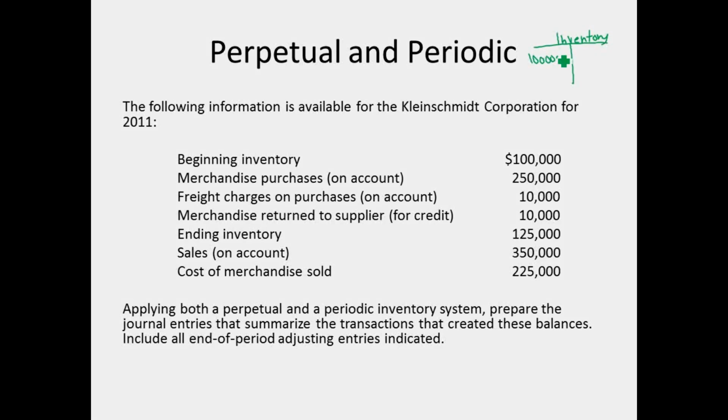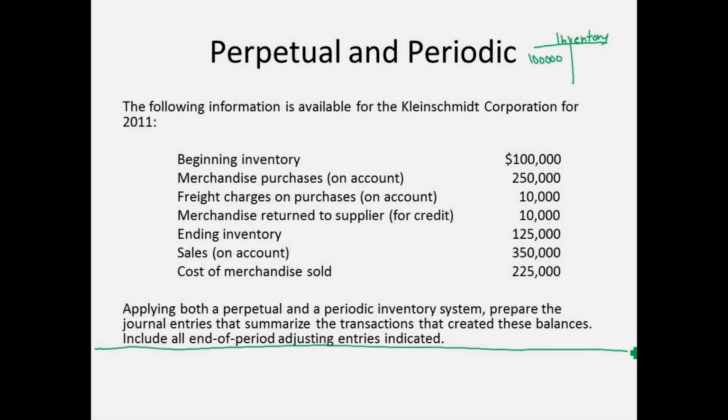What do the journal entries look like to get me from the beginning of the year to the end of the year? What's happening throughout the year, and how do I record that? Now, I don't have the ability to make myself a blank sheet anymore, so we'll make them here.